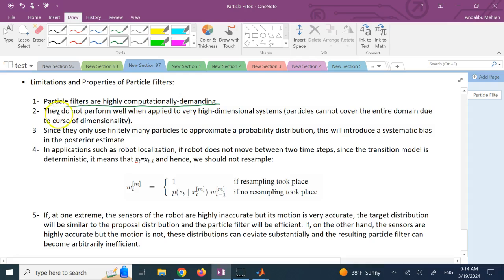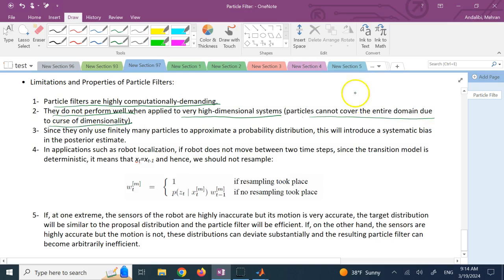The other thing is they do not perform well when the problem has high dimension. So in this case, the search was only done in 2D, so it's not really that bad. But once you go over higher dimensions, then you cannot really cover the entire domain with a sufficient number of particles. And remember the term curse of dimensionality.